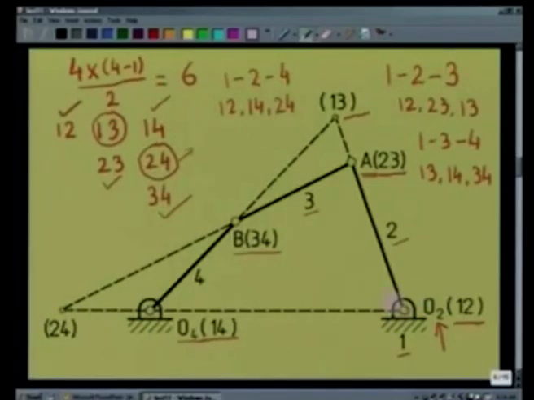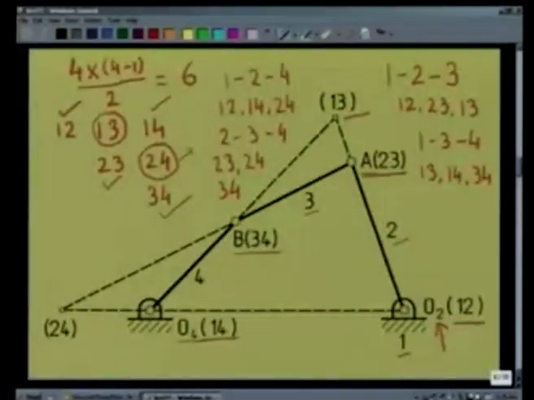Then we can consider 3 rigid bodies, namely 2, 3 and 4. Consequently, the Aronhold-Kennedy theorem says 3 instantaneous centers 2, 3, 2, 4 and 3, 4 also are collinear. Out of these 3, we have already located 2, 3 at A, 3, 4 at B. So 2, 4 must lie on the line joining AB.